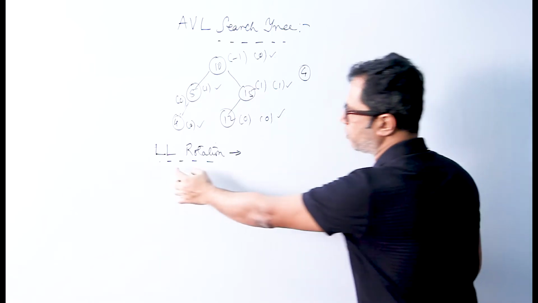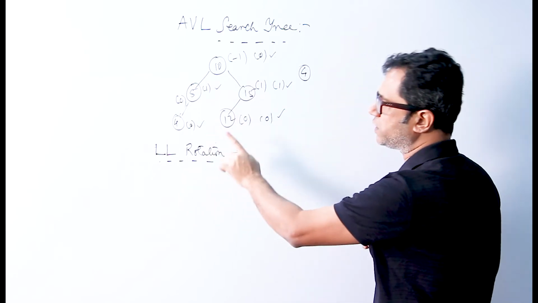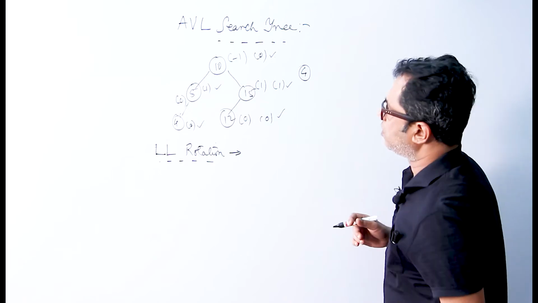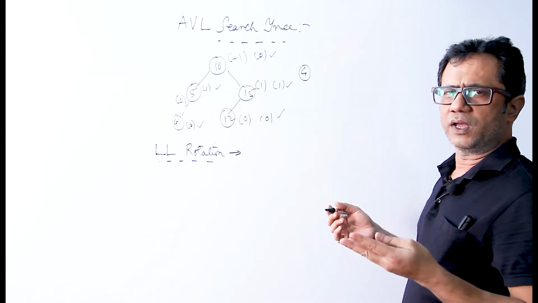In that case, we perform this LL rotation if the newly inserted node is in the left subtree of a node A of the AVL search tree.